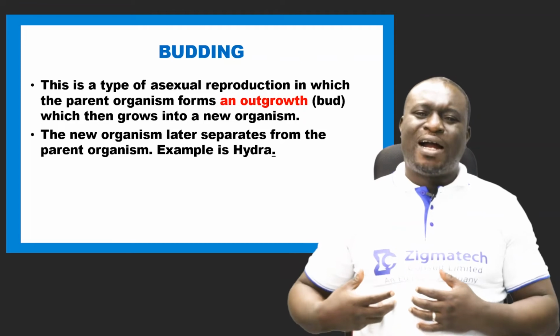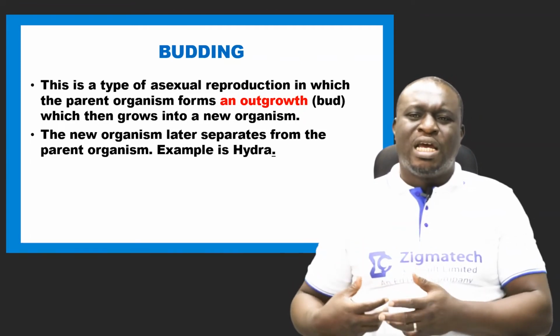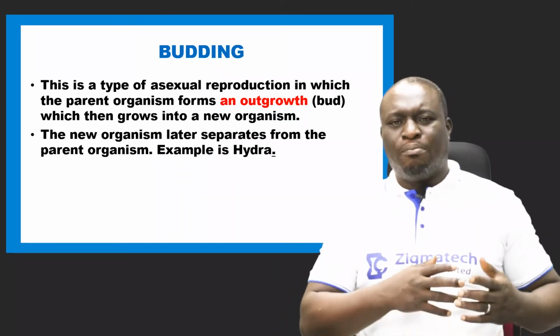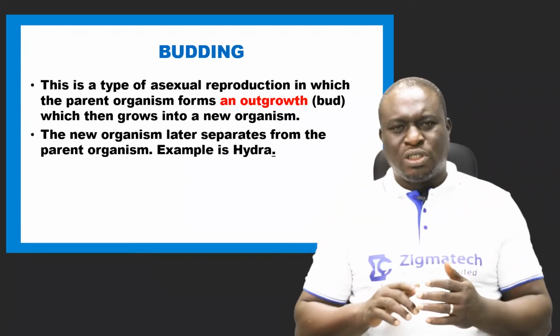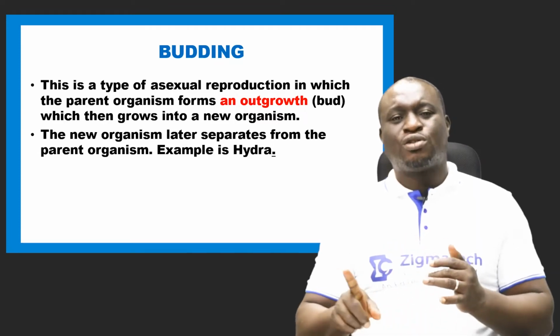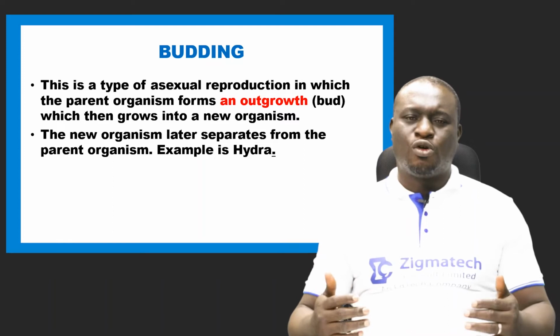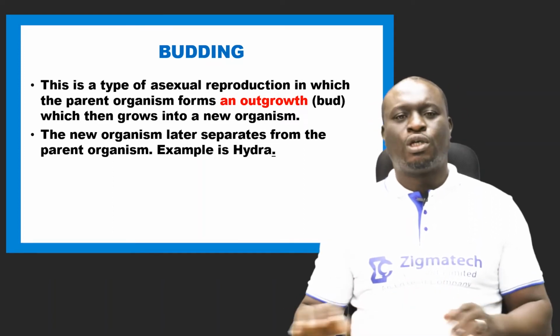So we can define budding as a type of asexual reproduction in which the parent organism forms an outgrowth, which is called the bud, which then grows into a new individual. Now, budding can be found in organisms like yeast. You can also see budding in Hydra. Hydra and yeast undergo this type of asexual reproduction, which is called budding.